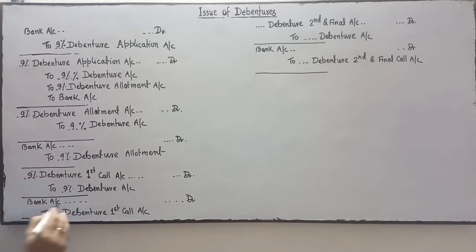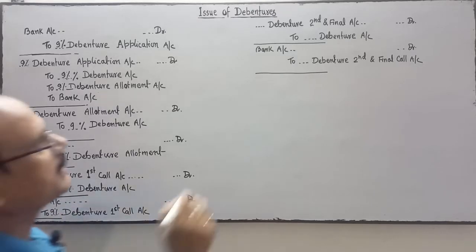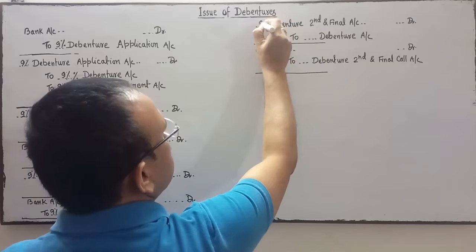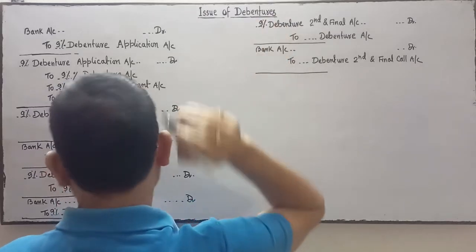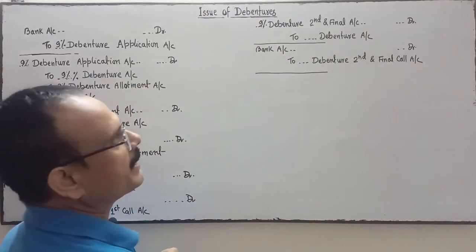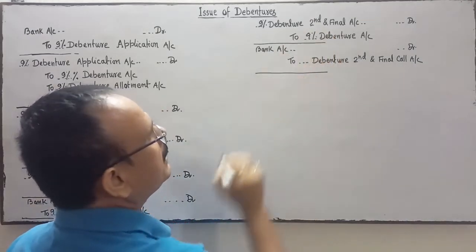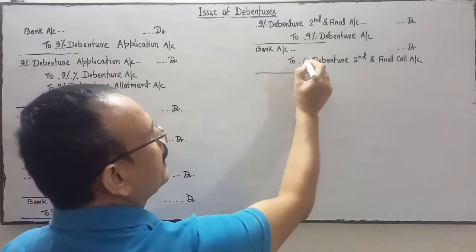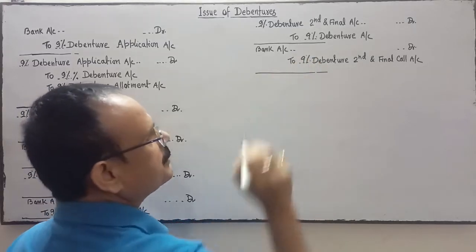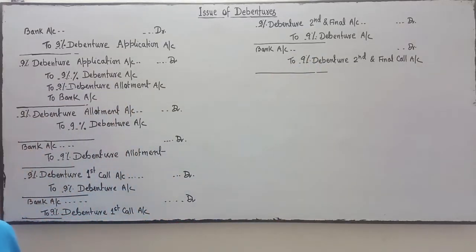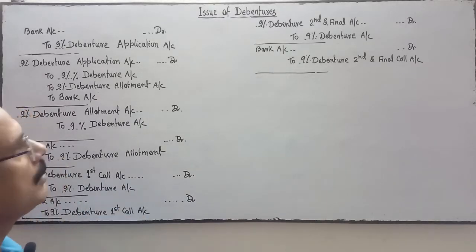Then when we receive the money of first call, bank account debit to 9% first call account. At the time of second and final call, 9% debenture second and final call account debit to 9% debenture account. And when we receive the amount of second and final call, bank account debit to 9% debenture second and final call.